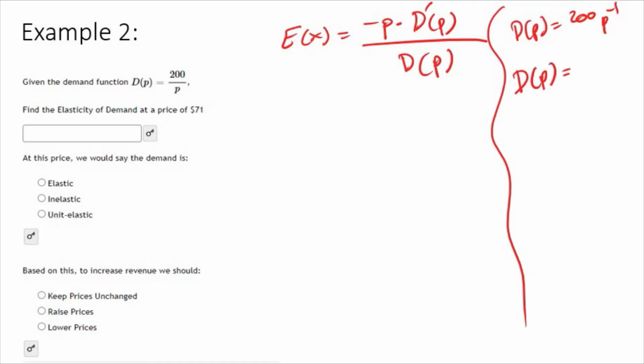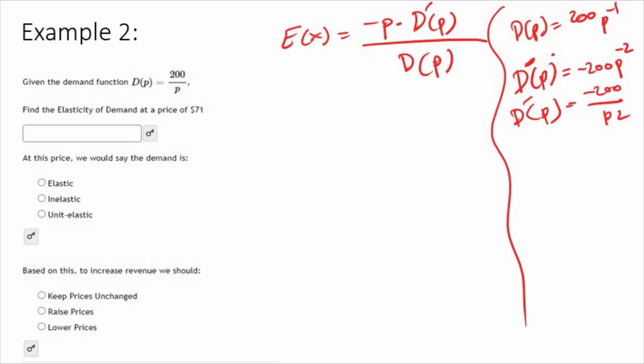D of p is equal to, I'll bring the negative 1 down, so that will give me negative 200 p to the negative 1 minus 1, which is negative 2. This is the derivative. Now I will bring the negative exponent down with a positive exponent, so this will be negative 200 over p squared. So d prime of p is equal to negative 200 over p squared.